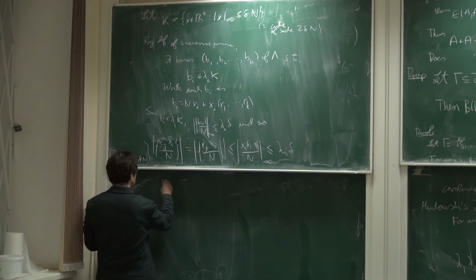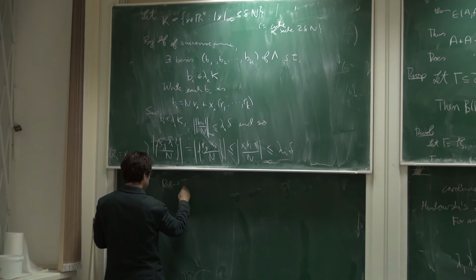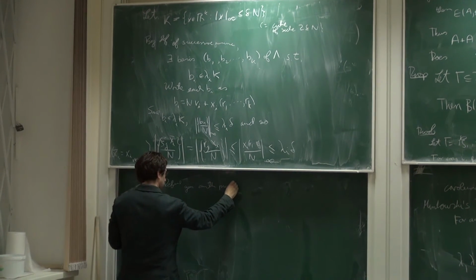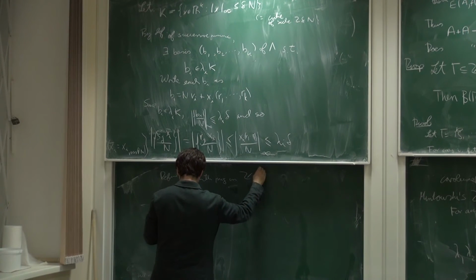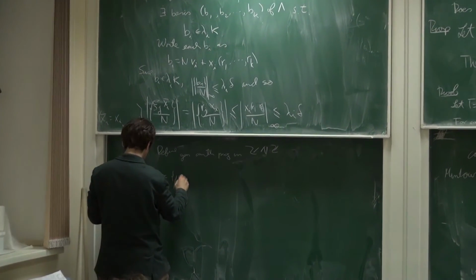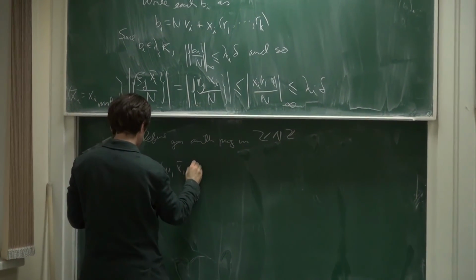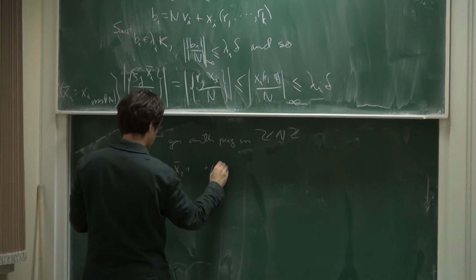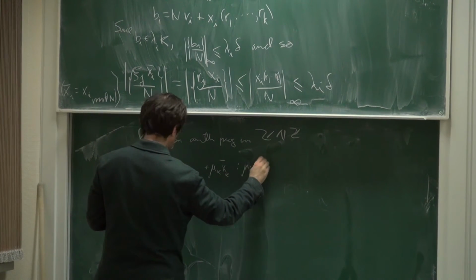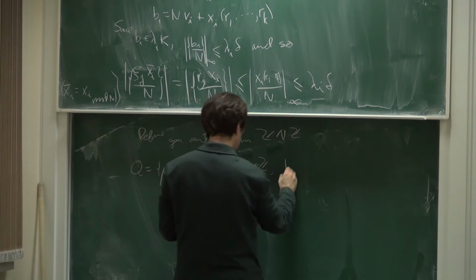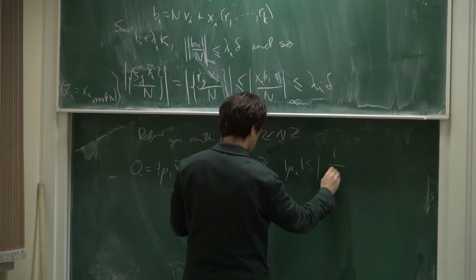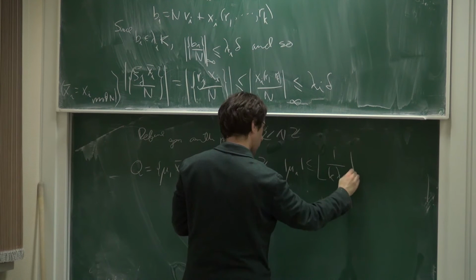So we define the generalized arithmetic progression in Z mod nZ, Q equal to mu_1 x_1 plus ... plus mu_k x_k, where these mu's are just integers such that this is at most this.